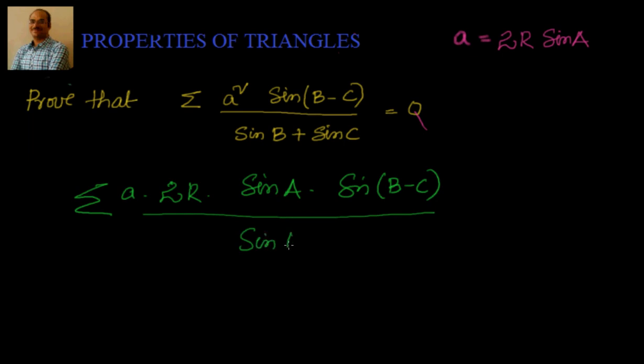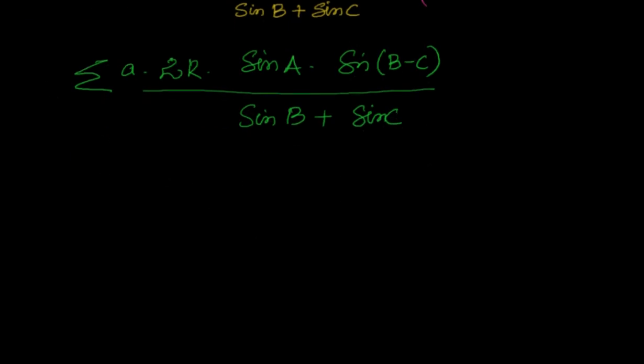Now we are not going anywhere with this a, but what I know is that a is nothing but equal to pi minus of, or 180 minus of b plus c, and sine of a is nothing but equal to sine of b plus c, because sine is positive in first and second quadrants.